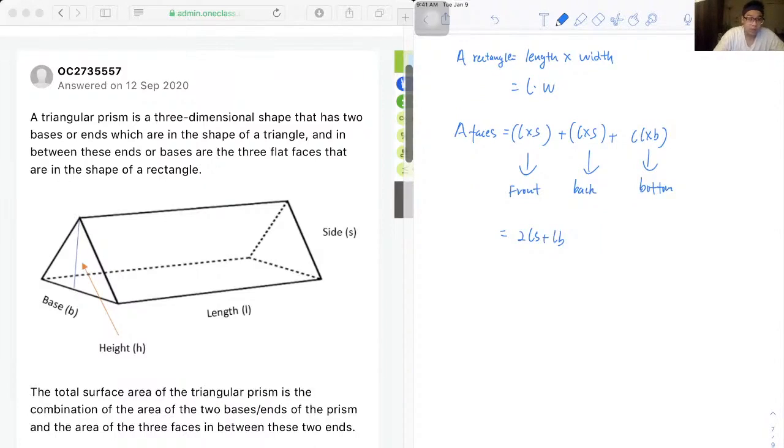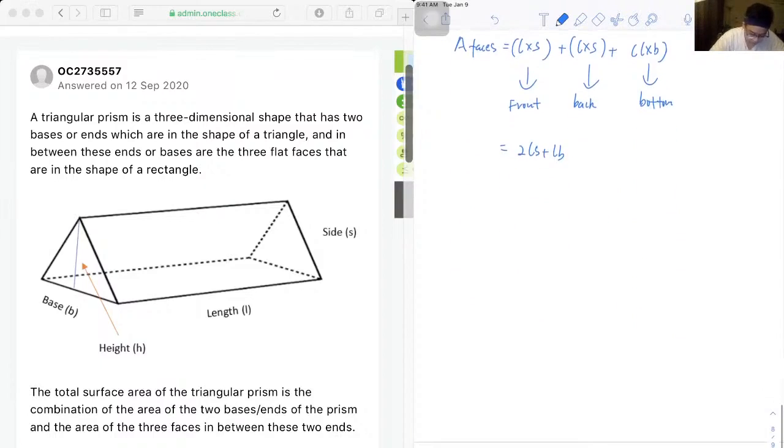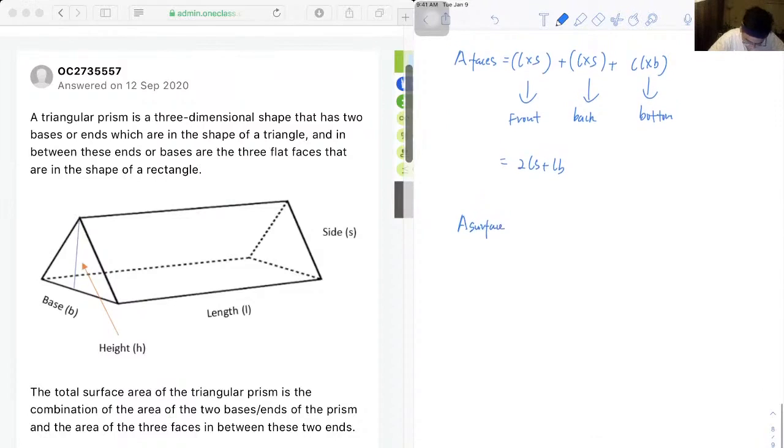So now we just need to combine the area of the bases and faces. So we have BH for the base. Let's write down the area of the total.